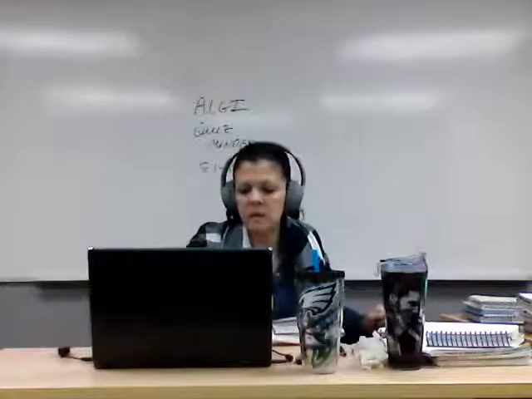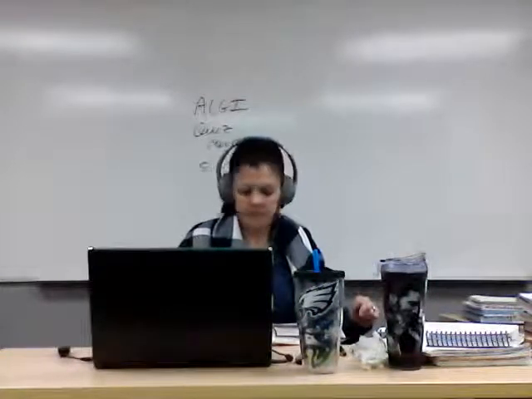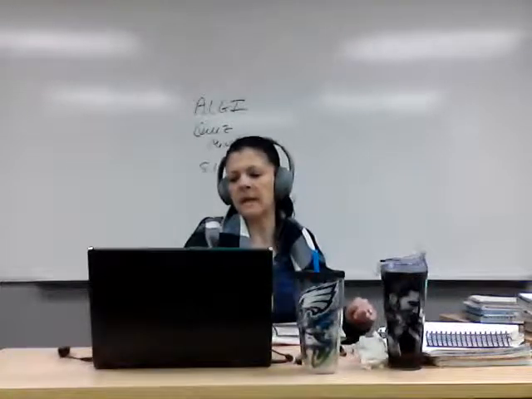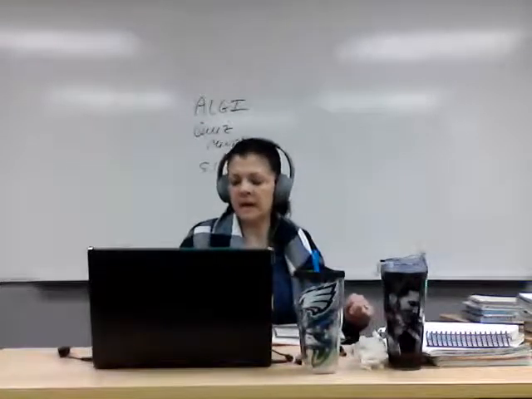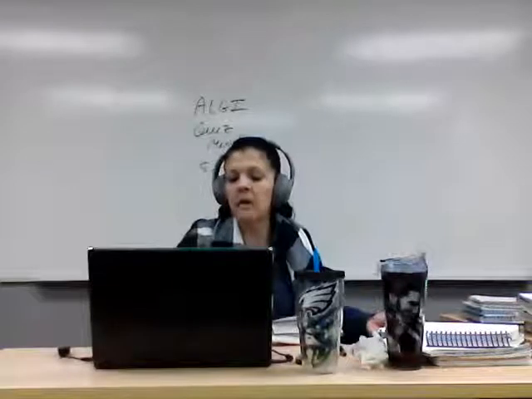X squared? No. Yeah, if you have this, Elizabeth, look. X minus 3 times x minus 3. You're going to get a negative 3x and a negative 3x. Okay, good.